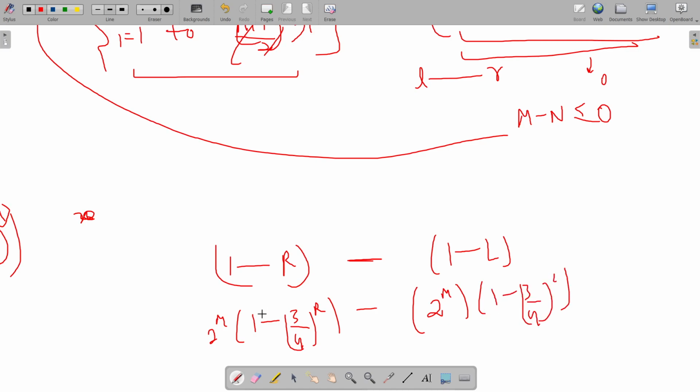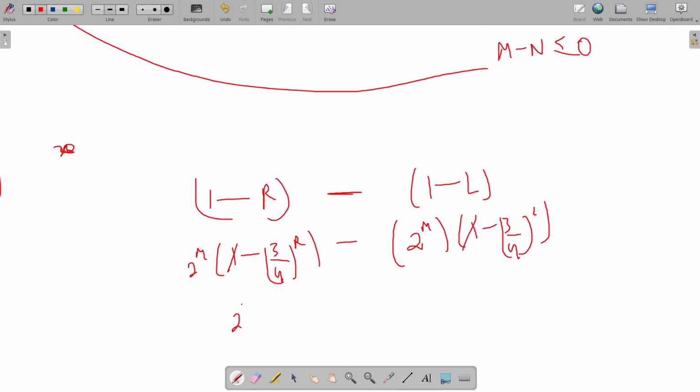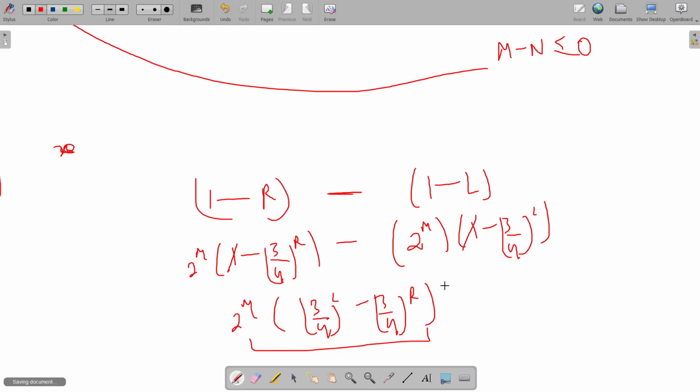So these ones will cancel out actually, and it would be 2 to the power m times ((3 by 4) to the power L minus (3 by 4) to the power r). So I calculated it like this, and the reason I was able to get this is because I was using this formula.